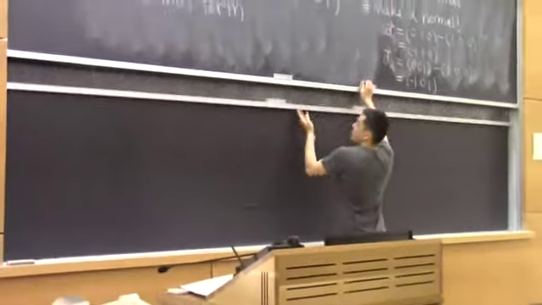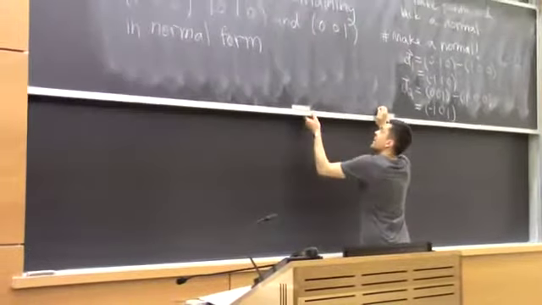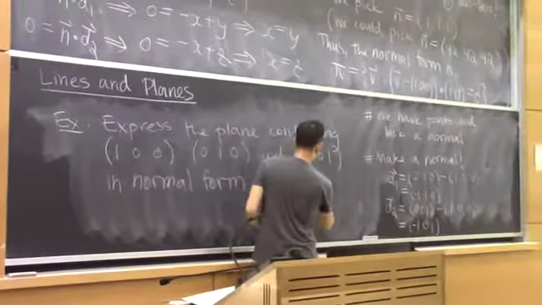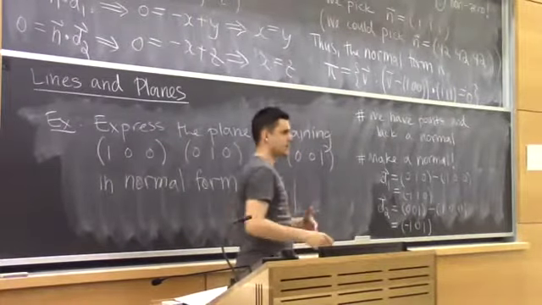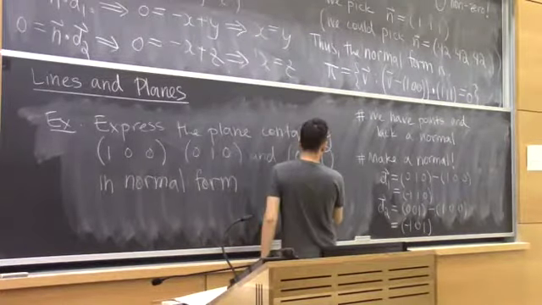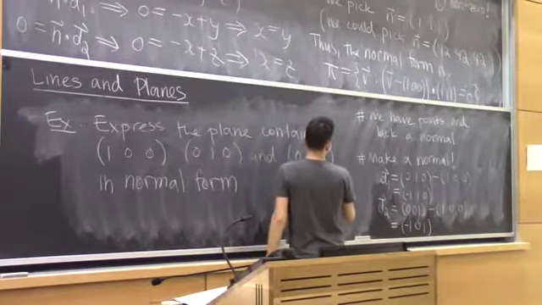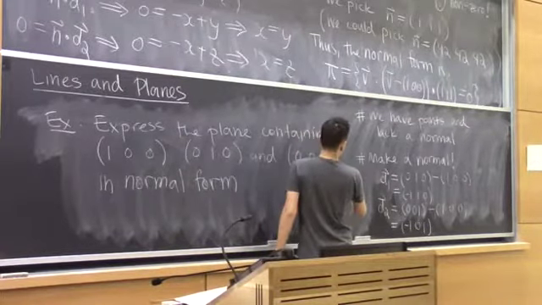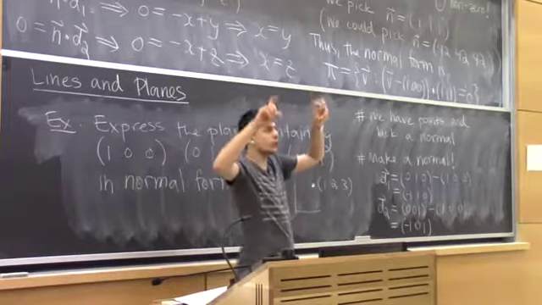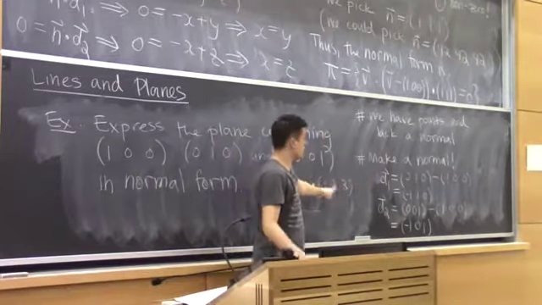How does it look? So we can think of a point in three-dimensional space, like 1, 2, 3, right? And that's the coordinates of the point.